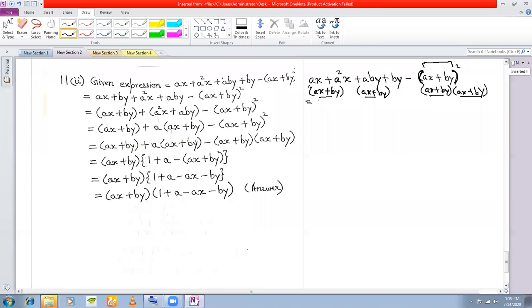So I'm getting ax plus by throughout, isn't it? So that now I can take out ax plus by, right? I'm not working it out. I'm simply thinking. Till now I'm only thinking. Understood? Now that you have thought it out, now let us try.